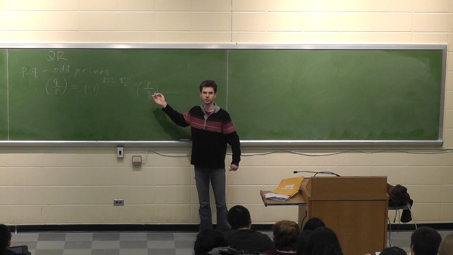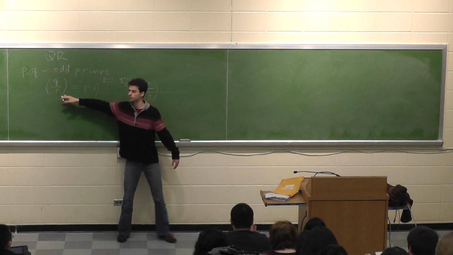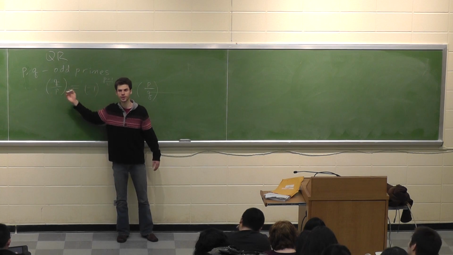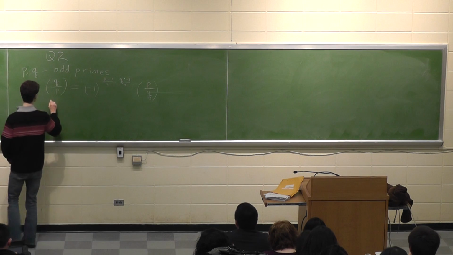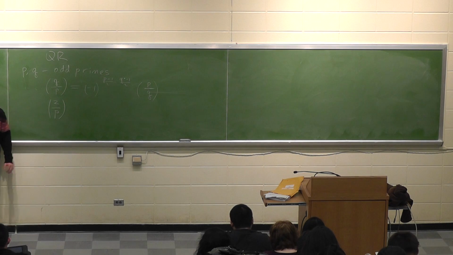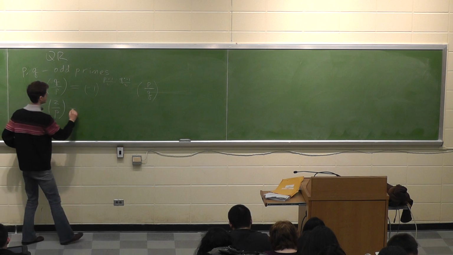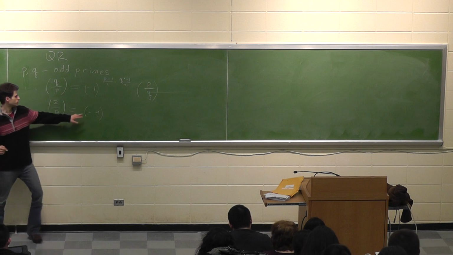This is good if you want to understand whether something is a quadratic residue modulo a prime p: you factor it into a product of primes. But not every prime is odd, so there is a supplement to this law. Whether 2 is a quadratic residue, we decided as follows, and I made some mistake here. It should be like this.